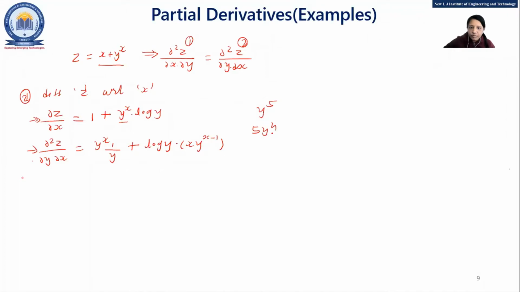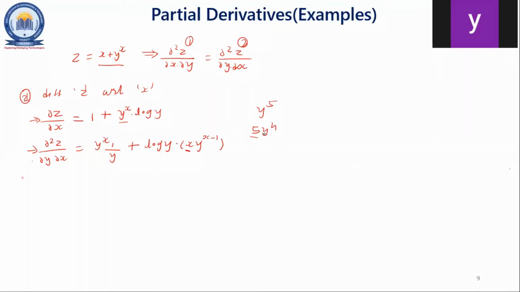So at this step also you are going to make a mistake, because instead of any constant, some variable you are considering here, but that variable also you have to consider as a constant. That is the main thing, right?